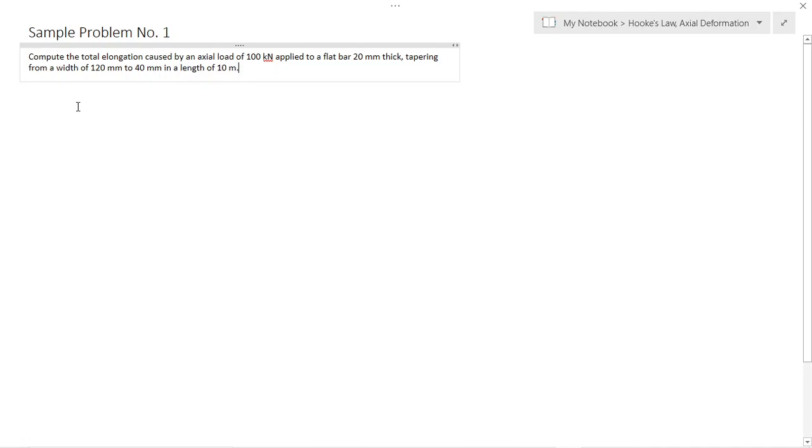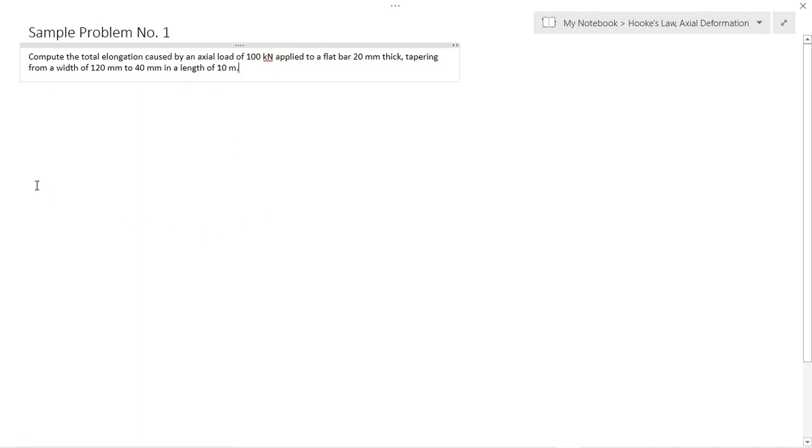So visualize the problem. So the property of the member is compute the total elongation caused by an axial load of 100 kilonewton applied to a flat bar of 20 millimeter thick, tapering from a width of 120 mm to 40 mm in length of 10 meters.